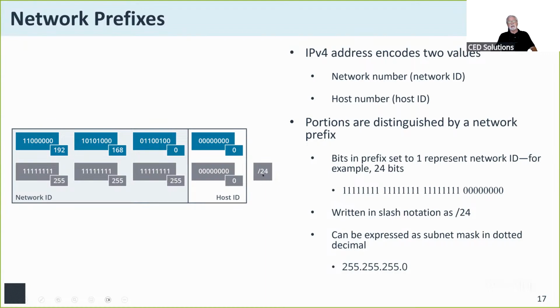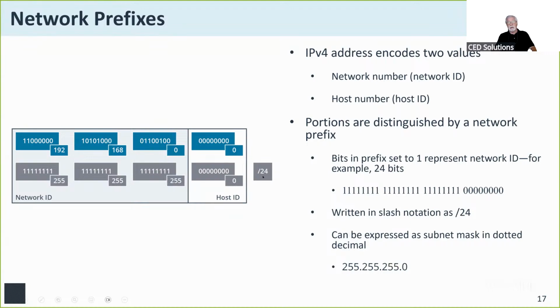What that number trailing after the address tells me, and you'll see it listed just like that, the IP address and then /24, is that the first 24 binary bits is the network address, leaving the last 8 bits that I can utilize to calculate host addresses inside that network address. Okay. That also goes to what we call a subnet mask. And I'll show you how all that works here in just a moment as well.